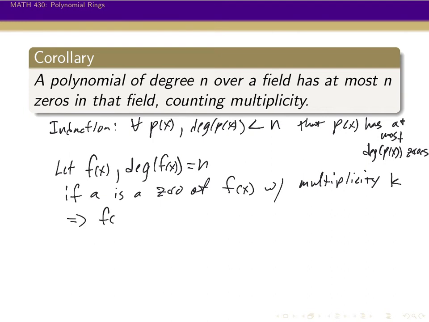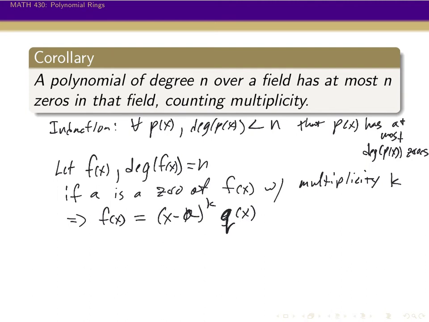then we can write f(x) as x minus a raised to the kth power times some g(x). Actually, let's call it q(x). Really, it's a quotient because we're dividing out by (x minus a) to the k.